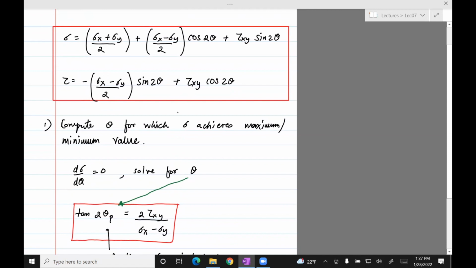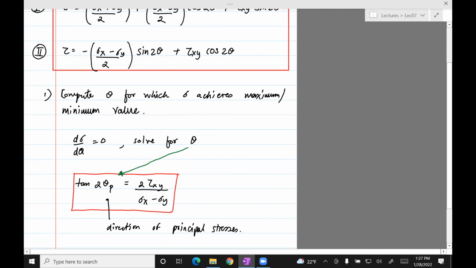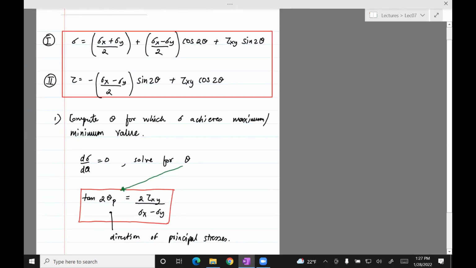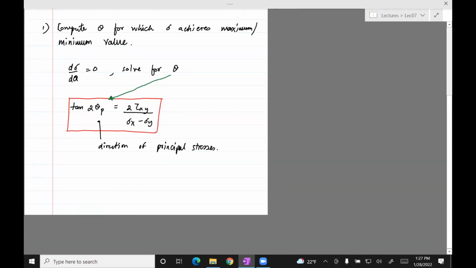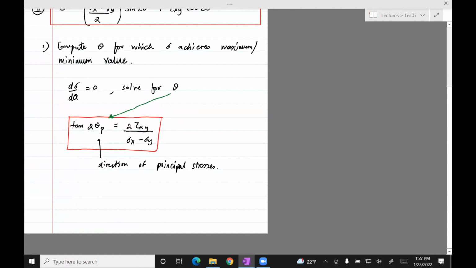Let's call them equations 1 and 2, and this result equation 3. We sub the value of theta P in equations 1 and 2 and solve for sigma and tau.